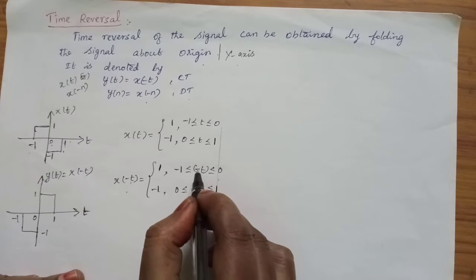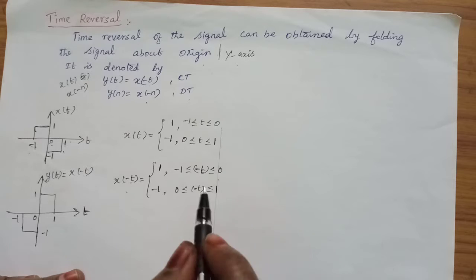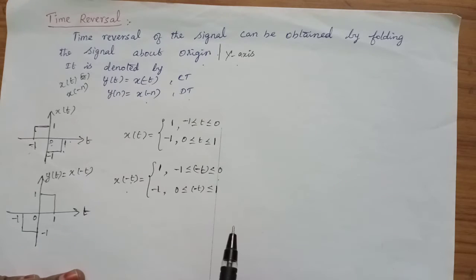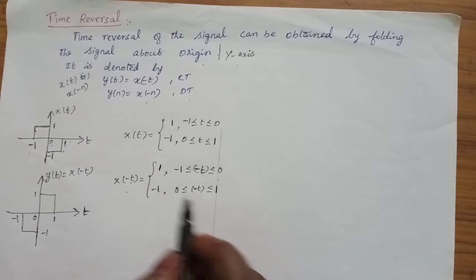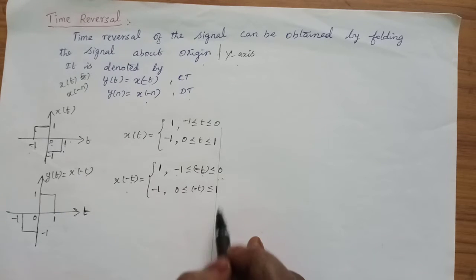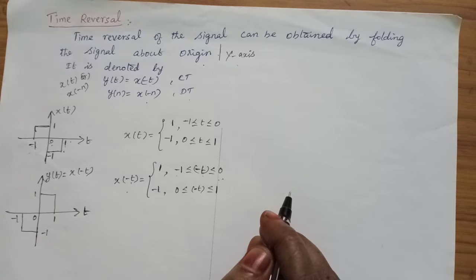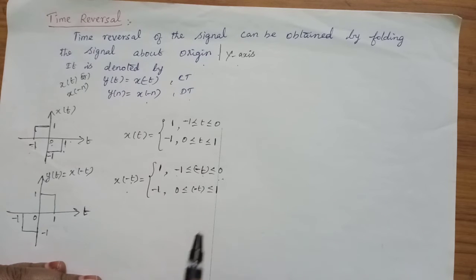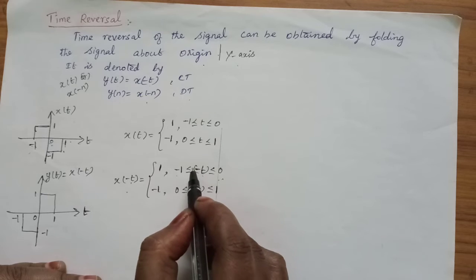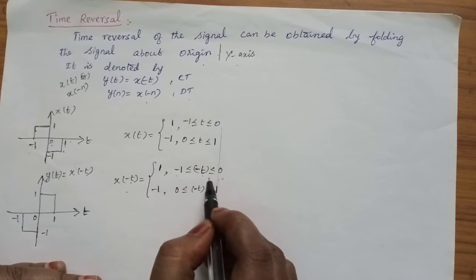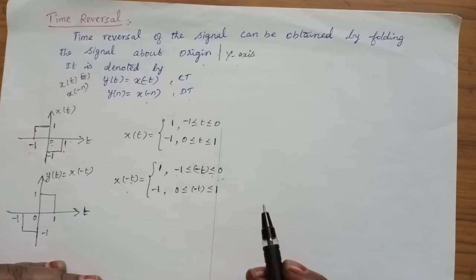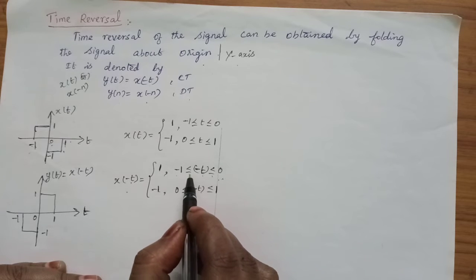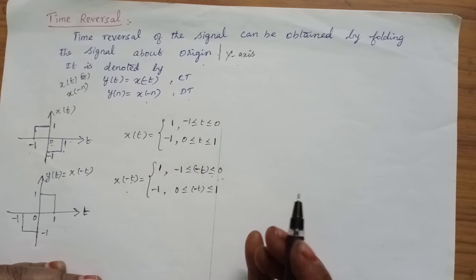Okay, if I want to convert the limits to t, this minus t should be replaced by plus t. For that I am just dividing the limits by minus 1. That is, I am going to change the sign of the limit. If I change the sign of the limit, automatically the relational operators will get inverted. That is, this less than or equal to should be changed to greater than or equal to.